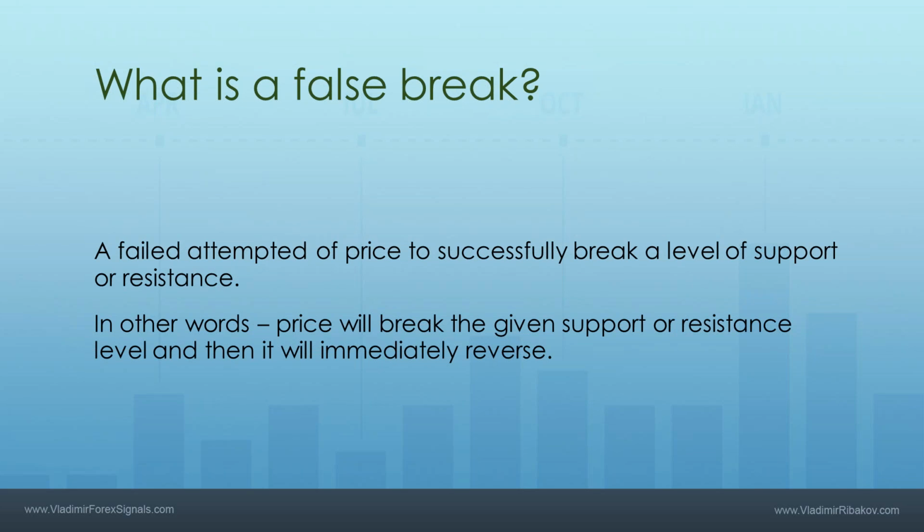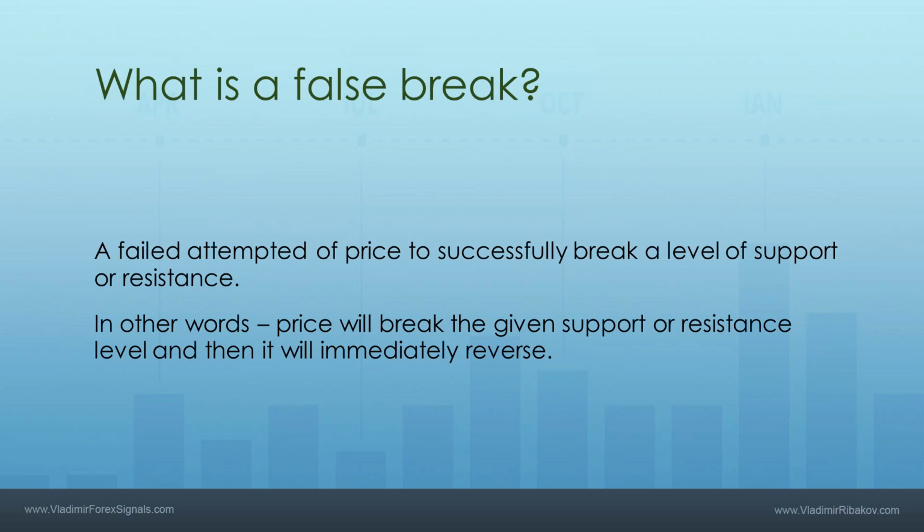Failed attempt means the price is trying to break the given support or resistance, and then it will immediately retrace. So it tries to break up, retrace down to close below the level it tried to break, or it tries to break down, retrace up to close above the level it tries to break below.